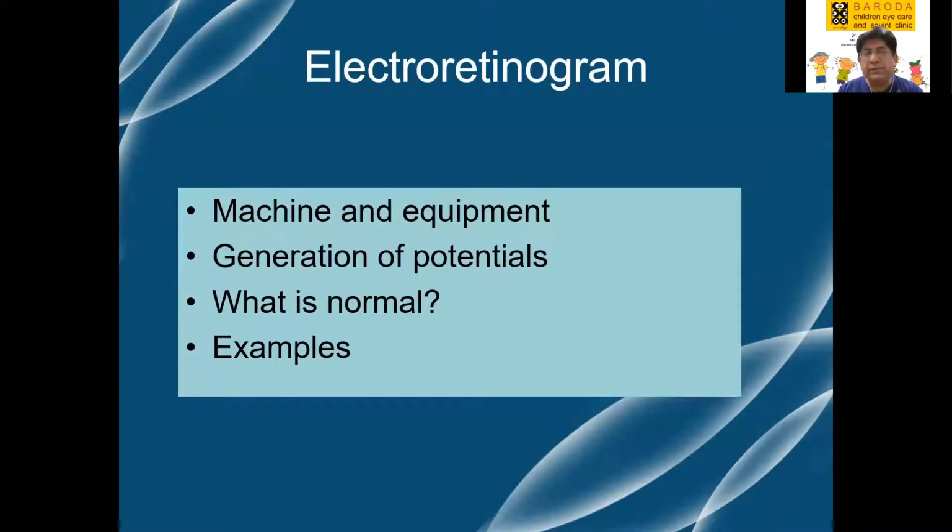We would be discussing mainly pattern ERG, that is a part of electroretinogram. Because there's a difference between the basic ERG and pattern ERG, which basically tells us about the macula and the second order neurons, that is the disc.